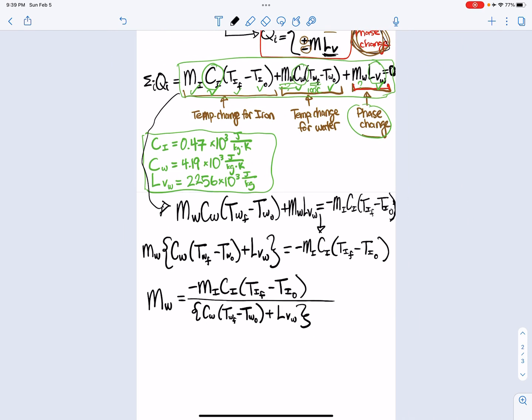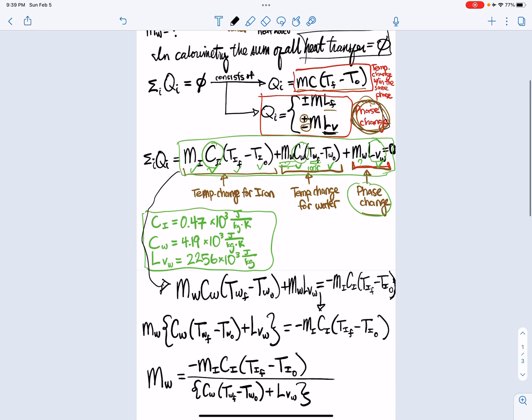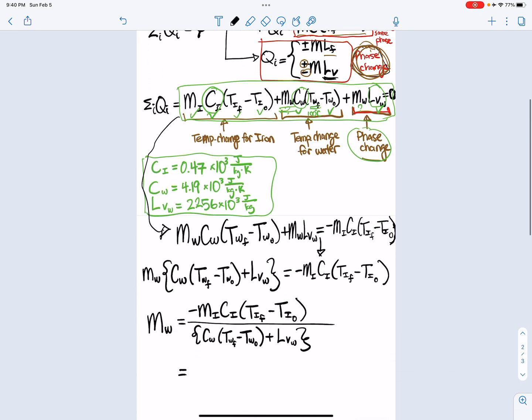Mass of iron, that was given at 1.2 kilograms. Don't forget the negative right there. So negative 1.20 kilograms. Okay, I'm going to erase that because I can't see the negative. Okay, that's negative, okay?